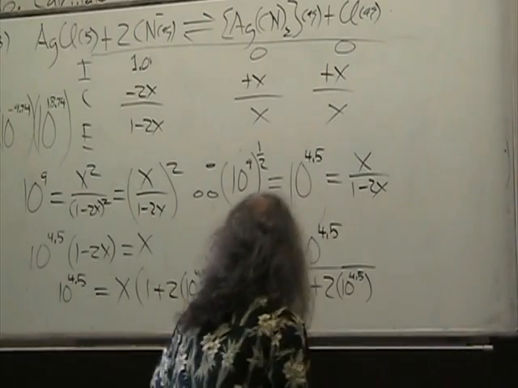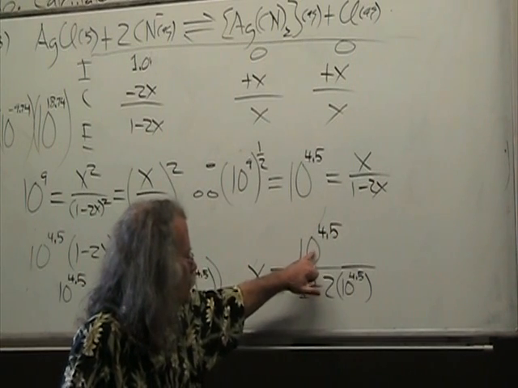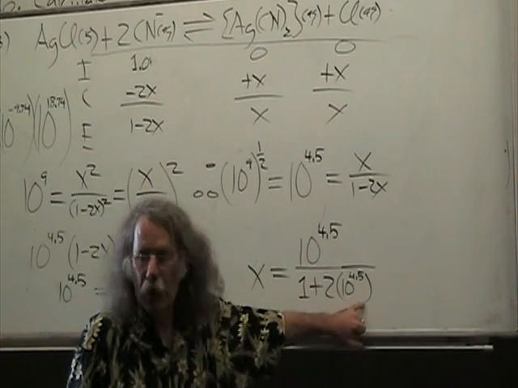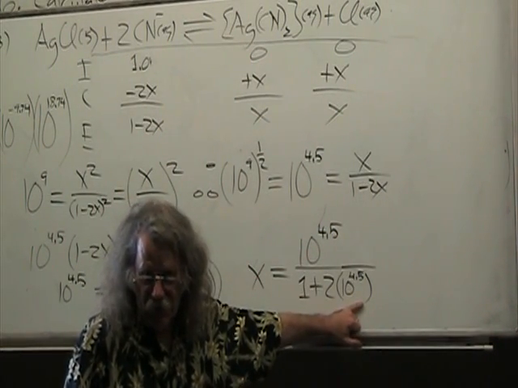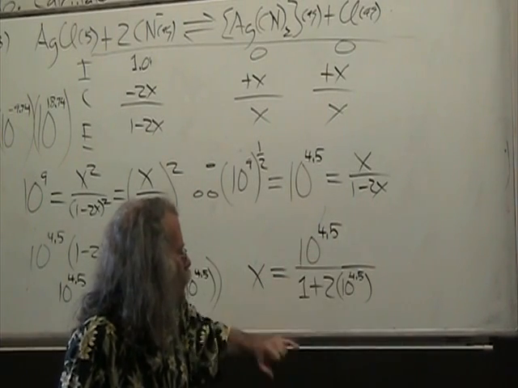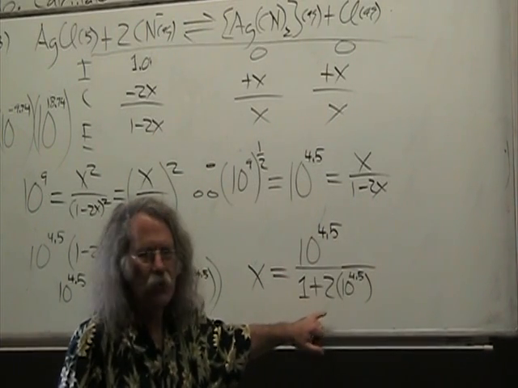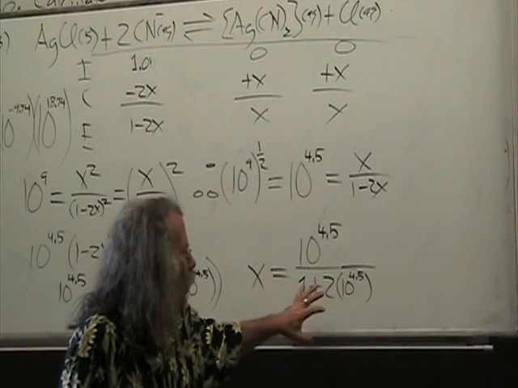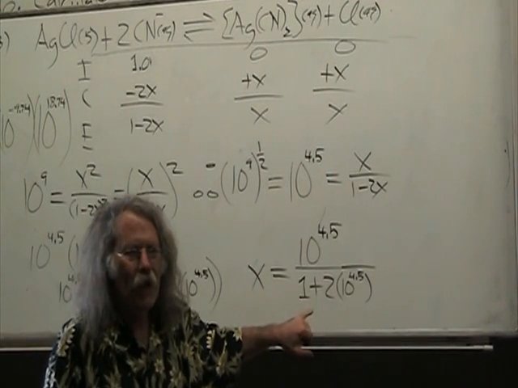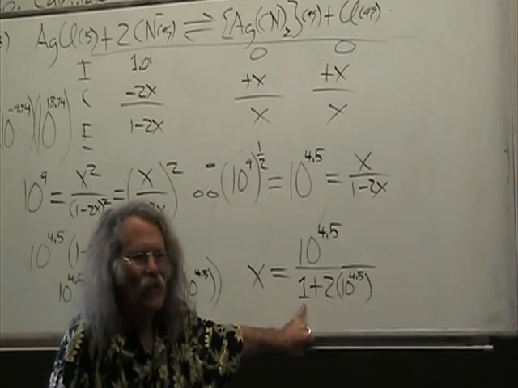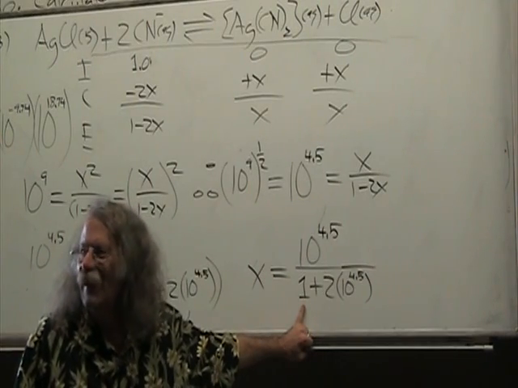So what I'm trying to say here, 30,000 divided by, what's 2 times 30,000? 60,000? So 30,000 divided by 60,001. In other words, what am I going to be able to neglect in the denominator? The 1.